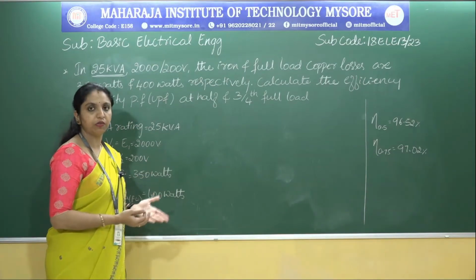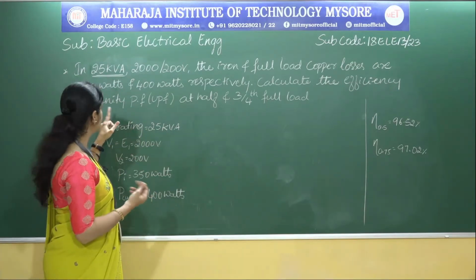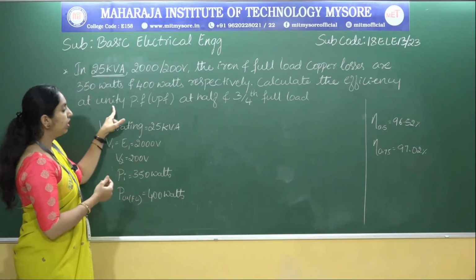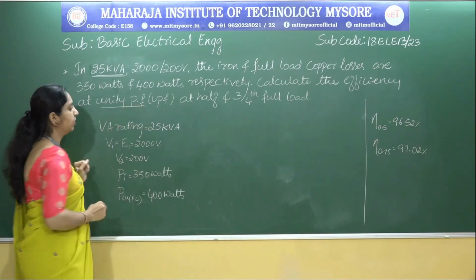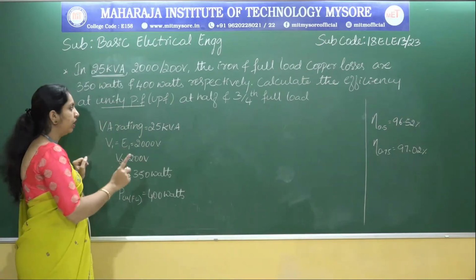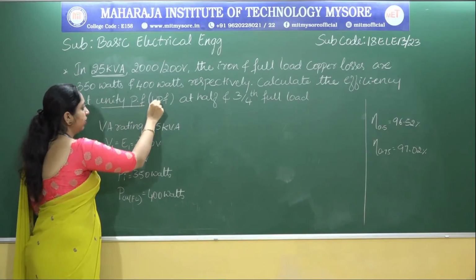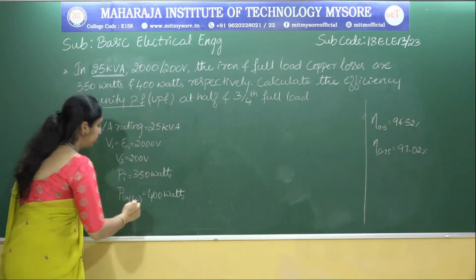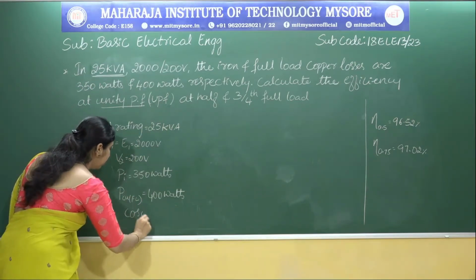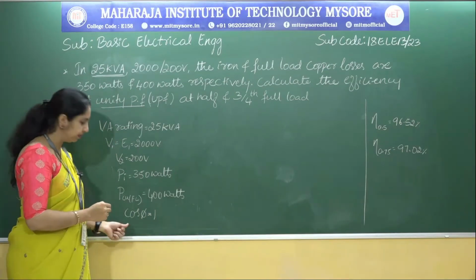We need to calculate the efficiency of the transformer at unity power factor. They have provided one more value, which is unity power factor. Whenever they provide UPF, it is understood that cos phi is equal to 1, because cos phi is nothing but power factor.